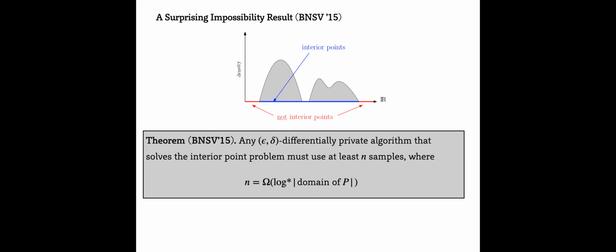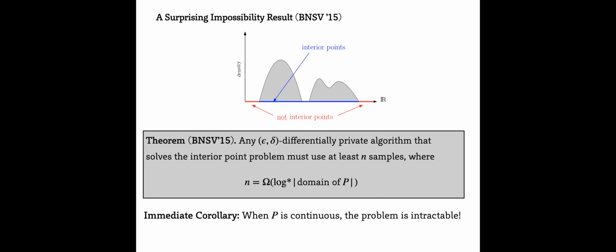Now, this log star domain size might not seem like a big concern until we remember that the domain of P could be continuous, could be the reals. And in this case, log star of the domain would be infinite. So this result shows a surprisingly impossible result for solving the interior point problem with privacy.